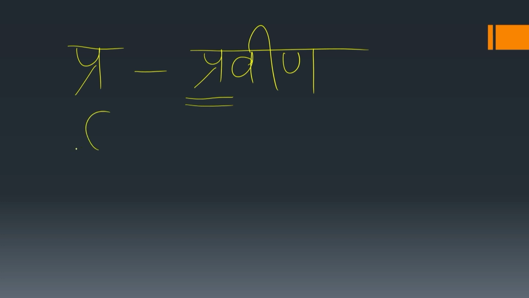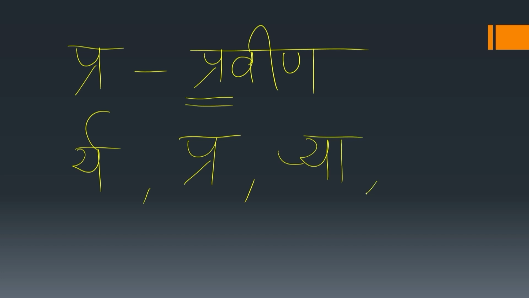So we have the Rafar here with a diagonal stroke. For example, Pravin, Surya, Pravin, Baryak, and truck. So these are the 4 forms of writing R in a conjunct.